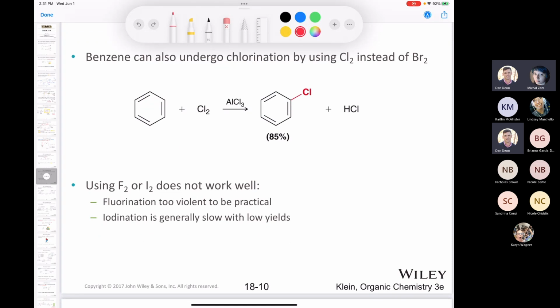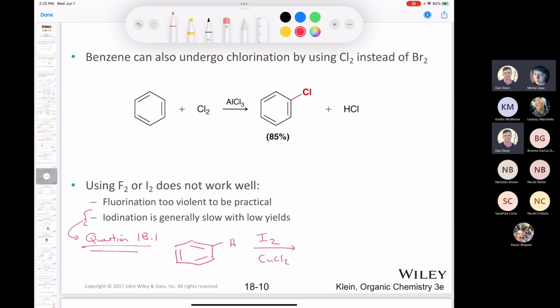It's very rare that I will refer to a specific question in the book, but I want everybody to take a look at question 18.1 in the book. It's the first question. I want everybody to do that question when you're doing your practice, and it discusses iodination. It says that you can do iodination if you take benzene and you treat it with iodine and copper 2 chloride.